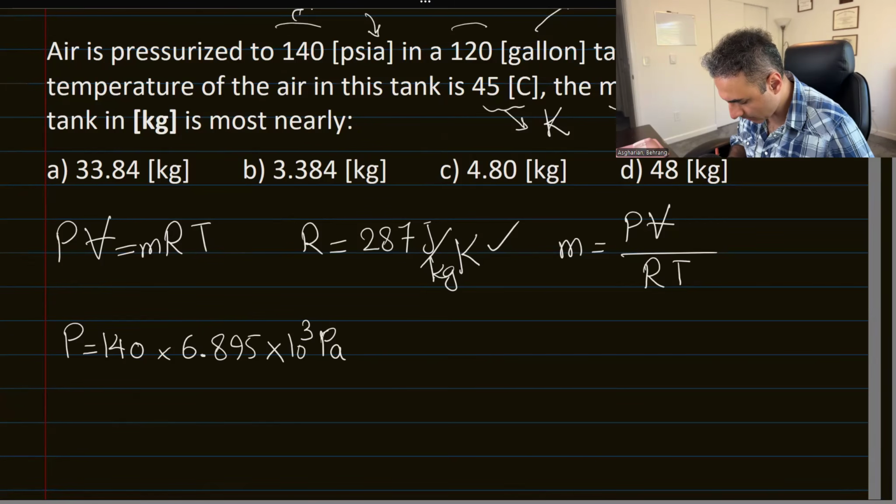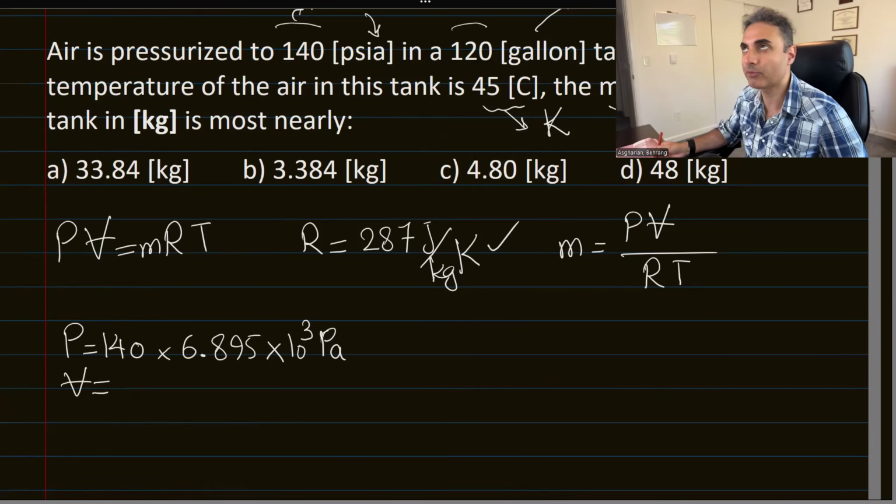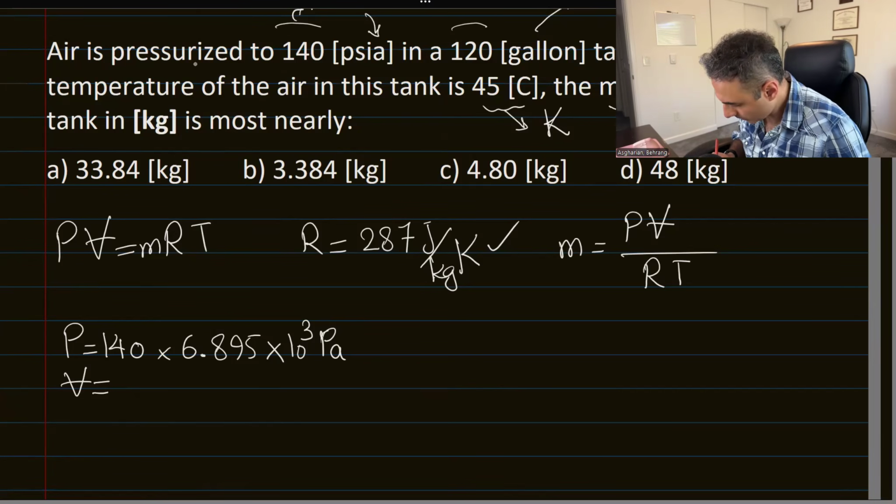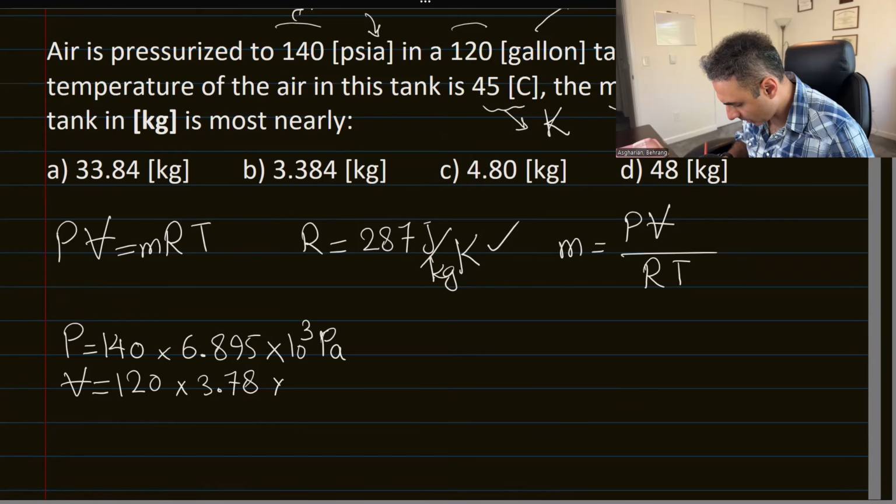Then what else do I need? Well, I need the volume. 1 gallon is about 3.78-ish liters, and 1 liter is 10 to the negative third meters cubed. So that would be 120 times 3.78 times 10 to the negative third meters cubed.